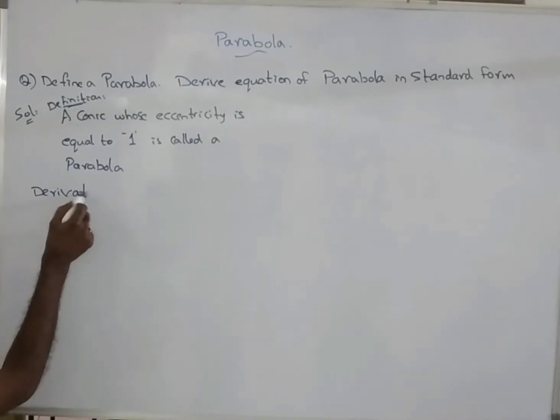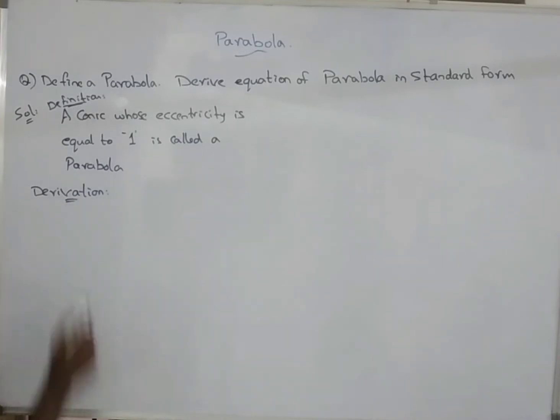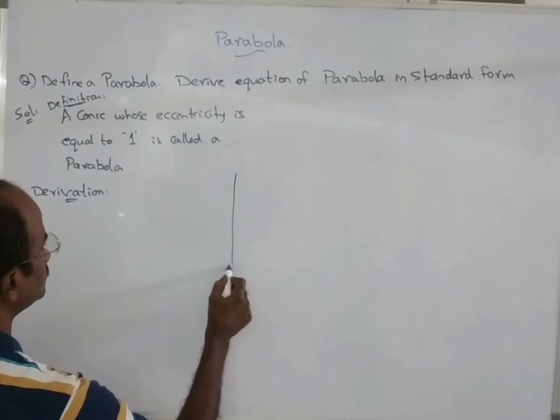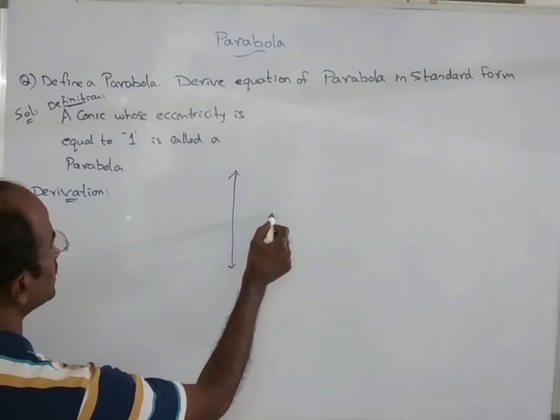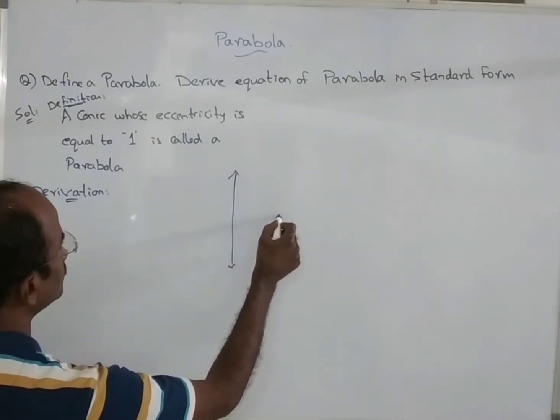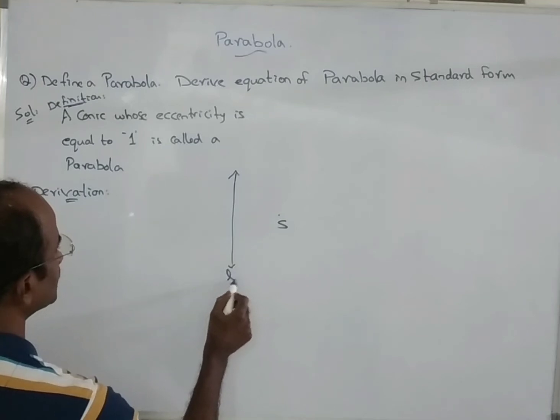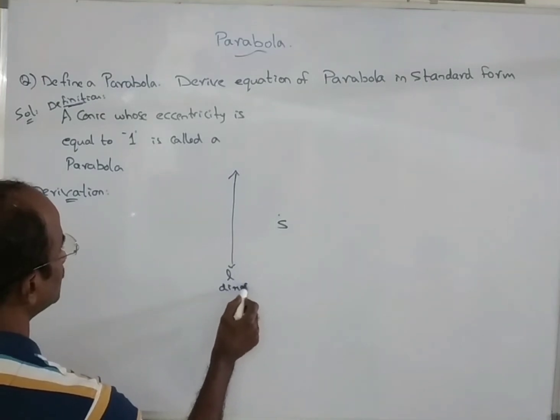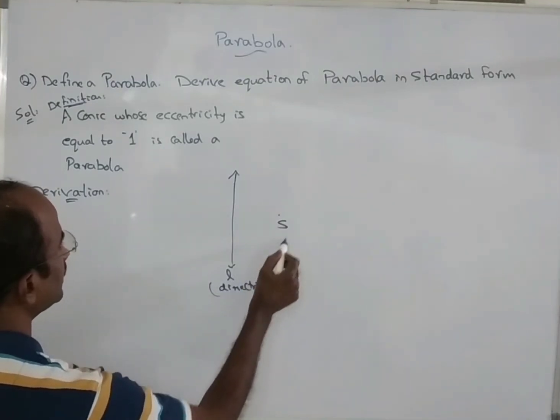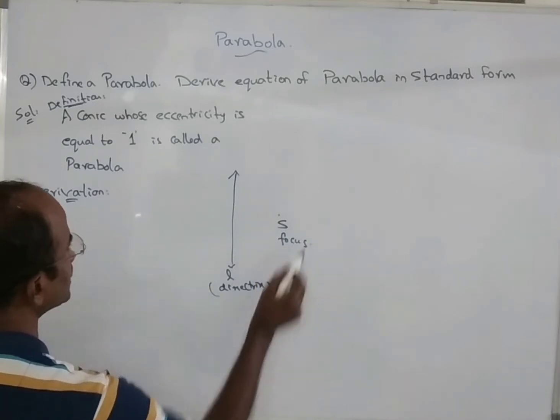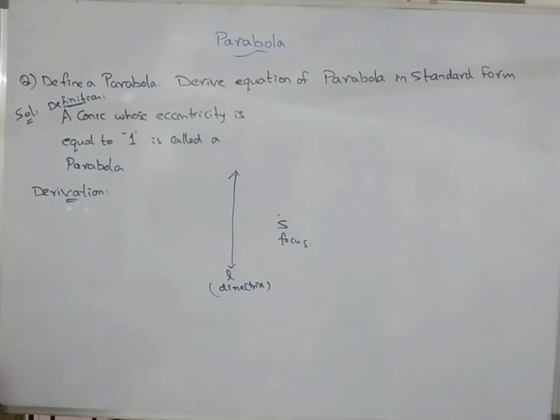Now, let us derive the equation of the parabola. Now, this is the fixed line, and this is the focus of the parabola. This is the directrix, and this is the focus of the parabola.